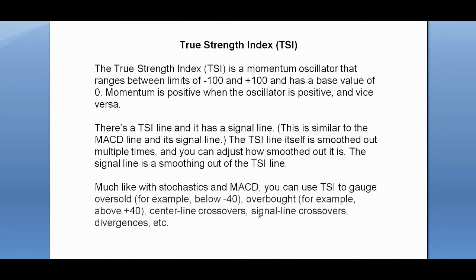You have to make your own decisions, but that is a basic overview of the True Strength Index. I did not go over the formula because it's complicated, and I don't know if you really need to know the formula. You could always look that up, of course. I just found that you don't always need to understand every part of the formula.